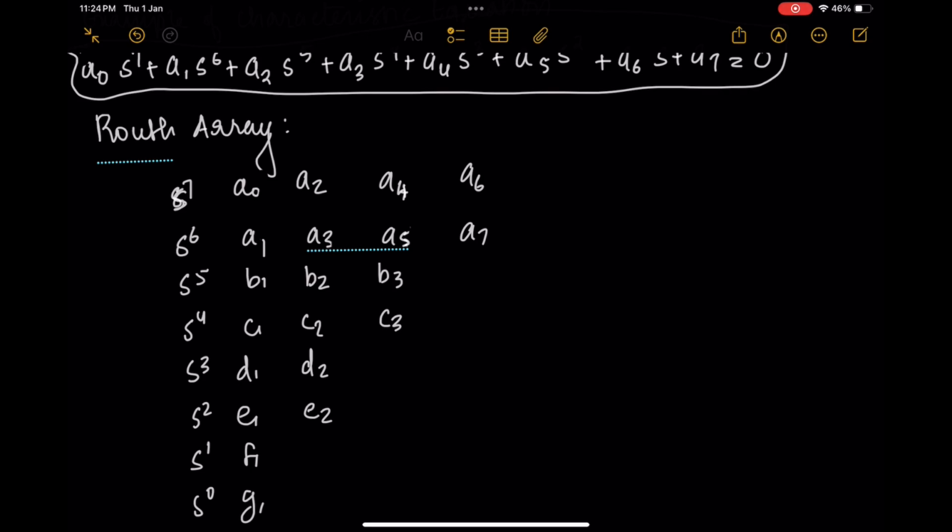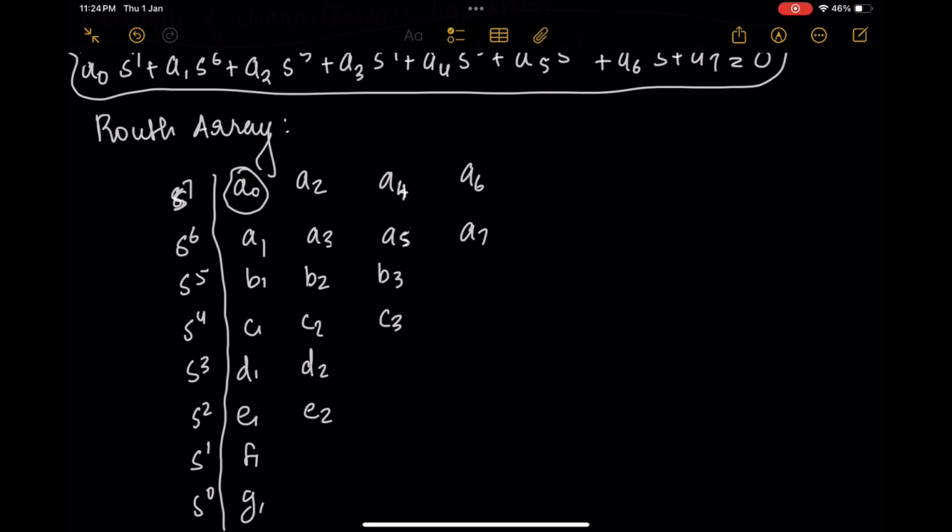Then I'm going to write the coefficients, starting with the first coefficient, that is a0. A0 is the coefficient of s raised to 7. So I'm writing a0 as the first term. Then I'm writing the second coefficient a1 just below a0.